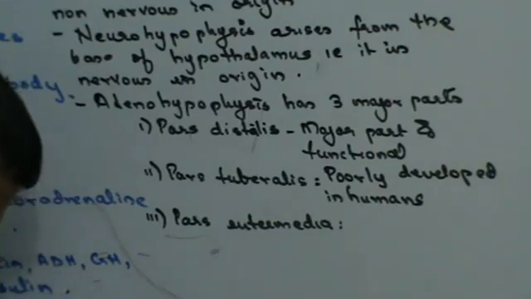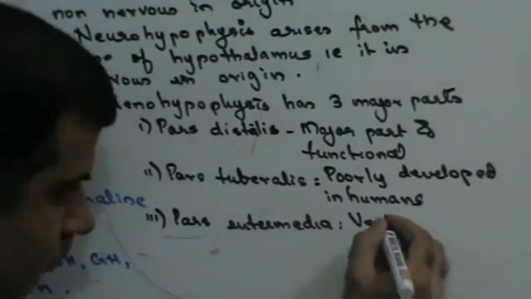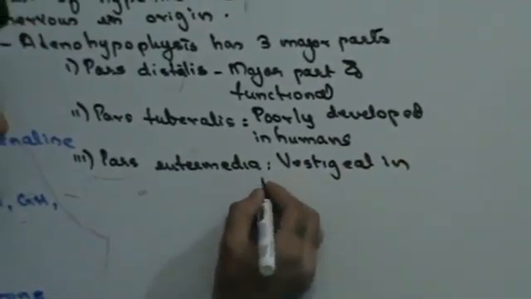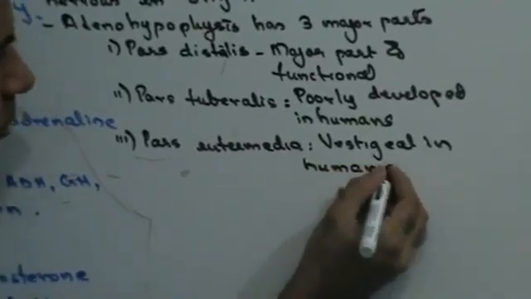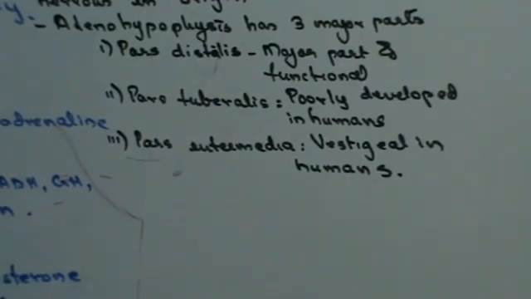It is vestigial in humans. That means it is an extra part, it is no longer used. So you have pars distalis, pars tuberalis, and pars intermedia. Now let's see each one of them in detail.